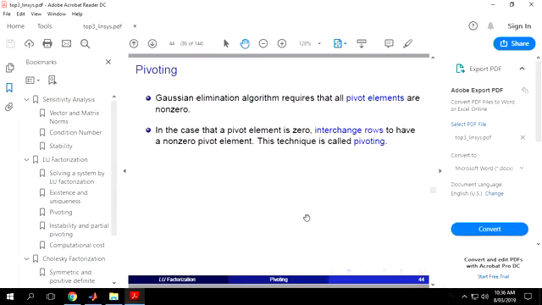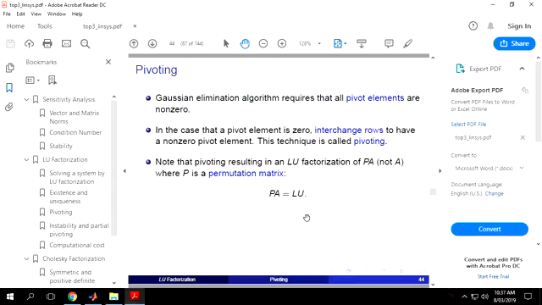So the pivot element is where everything below it is non-zero, yeah? And if you don't have a pivot element, then you have to swap the rows, okay? And when you swap the rows, actually you multiply the matrix by a permutation matrix, okay? So now we have to modify the algorithm in order for it to be able to swap the rows, okay? And in that sense, you have to talk about the permutation matrix.